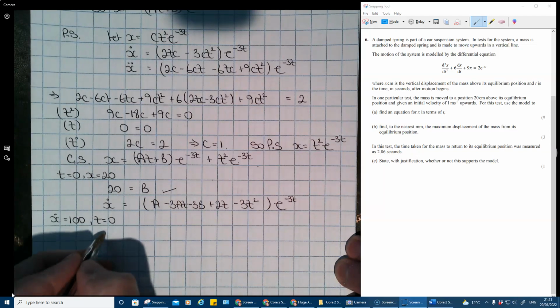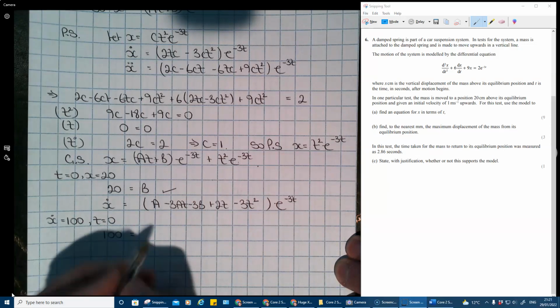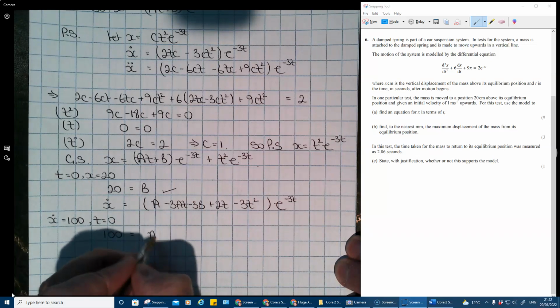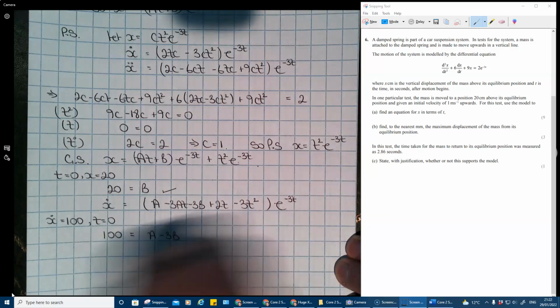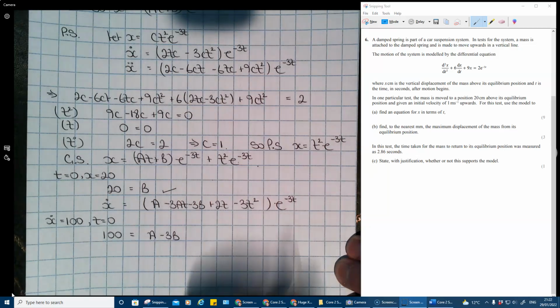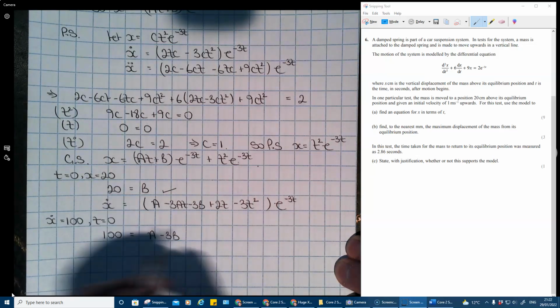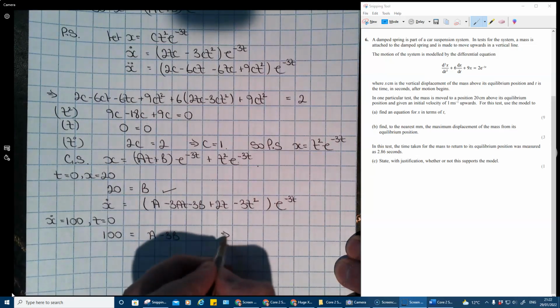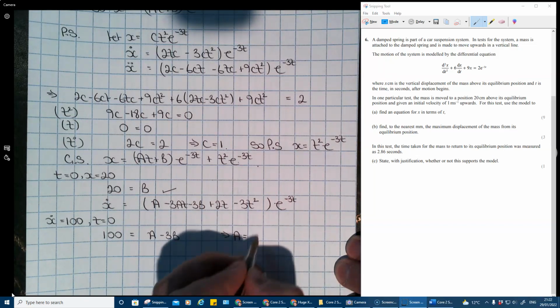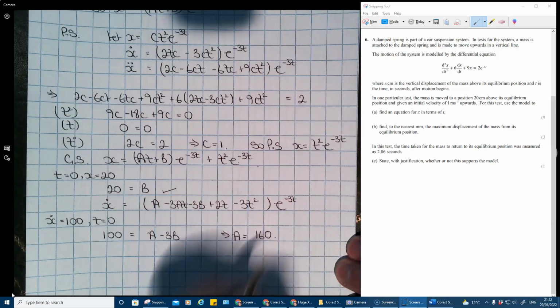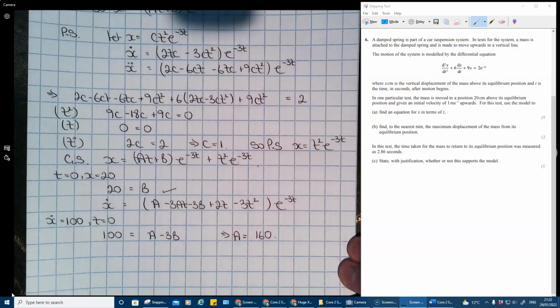So this time we get 100 equals a, 0 minus 3b, and the rest are 1s, zeros and a 1 at the end. I already know b is 20, so that implies a equals 160.